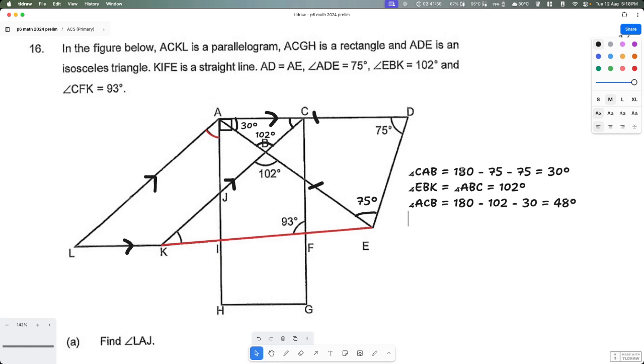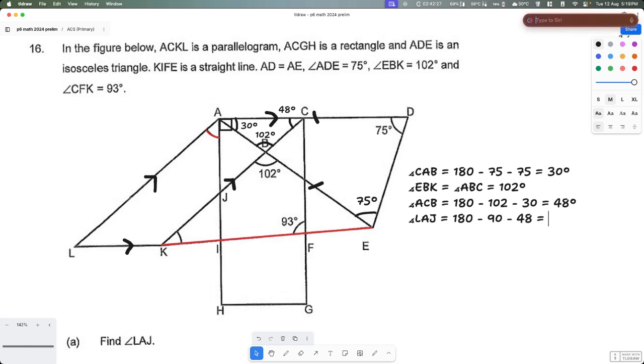Okay, and then once we know ACB, which is 48 degrees over here, then we can get the angle LAJ. So angle LAJ is equal to 180 minus 90 minus 48.